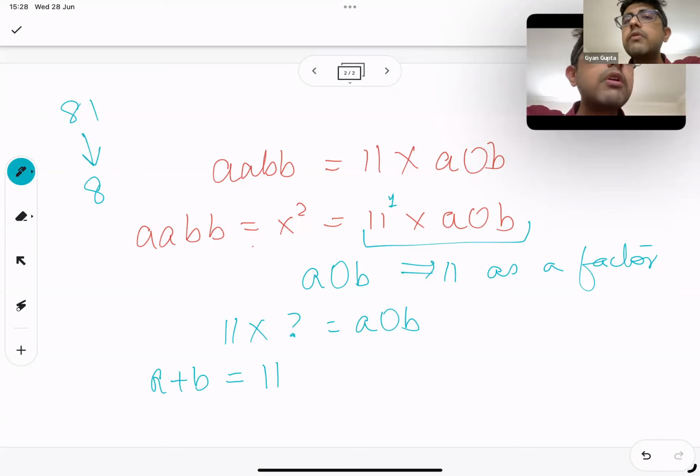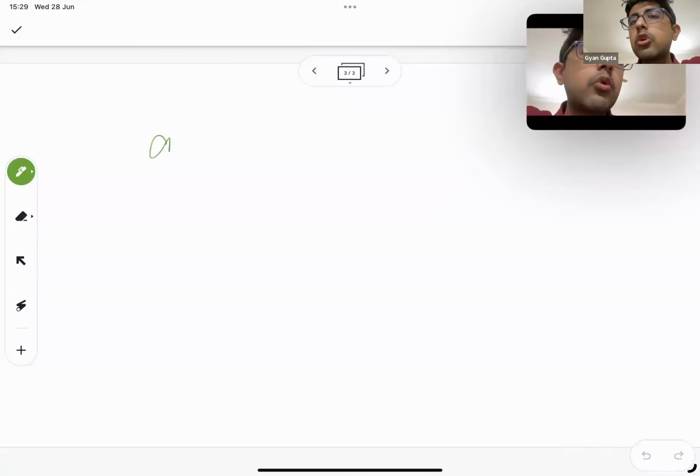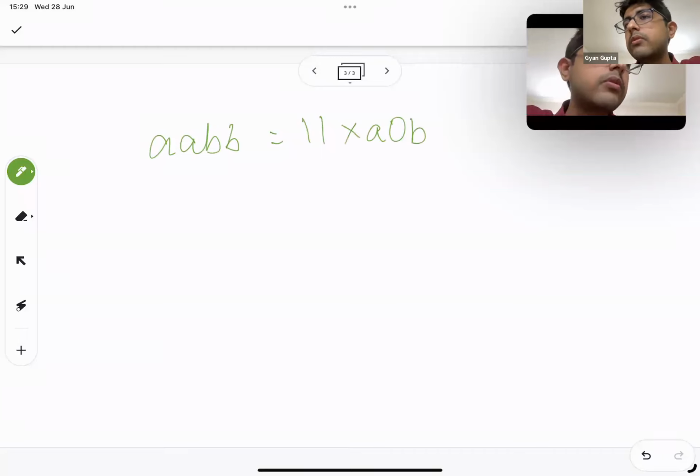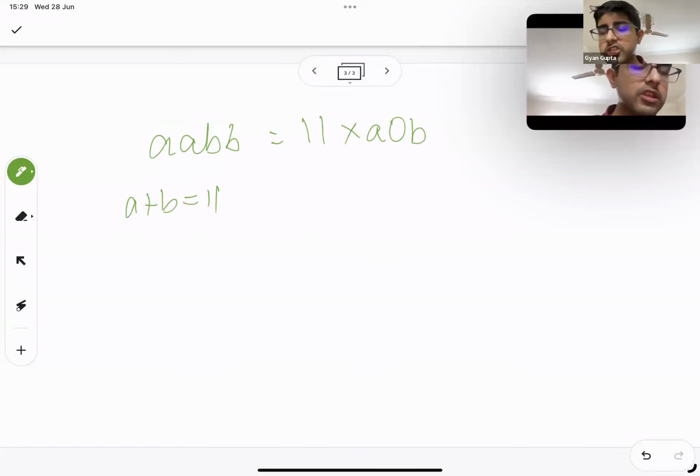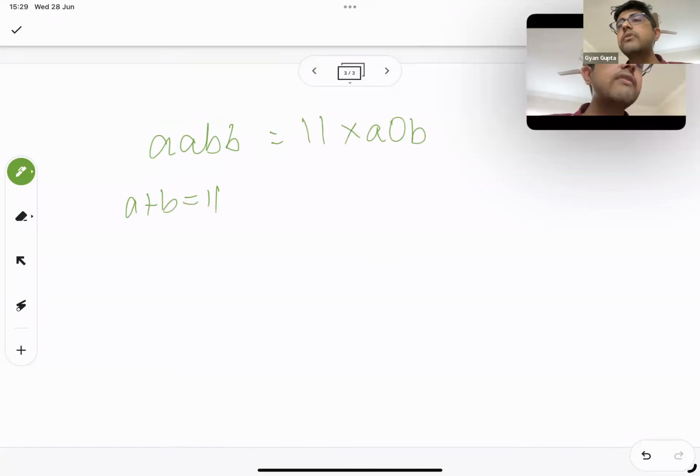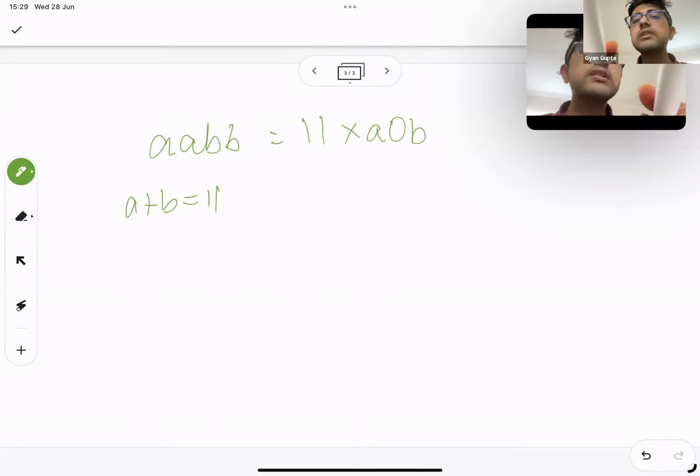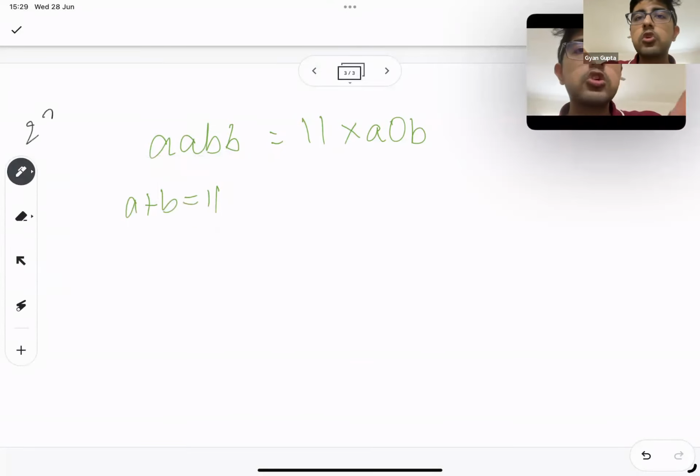However, I would like to take one step further with one more concept to reduce this further, such that A plus B is 11. If you remember the chapter squares and square roots, we have learned that a perfect square does not have the units digit as 2, 3, 7, or 8.